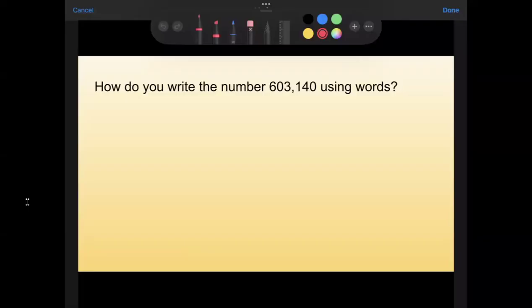Okay, so again, we can look at what comes before the thousands comma and what comes after the thousands comma. So the thousands comma is right there. So I know right there is where I'm going to put the word thousand. Now I'm going to go ahead and just write that out. Okay, so now let's look and see what comes before that comma. Looks like the number 603.